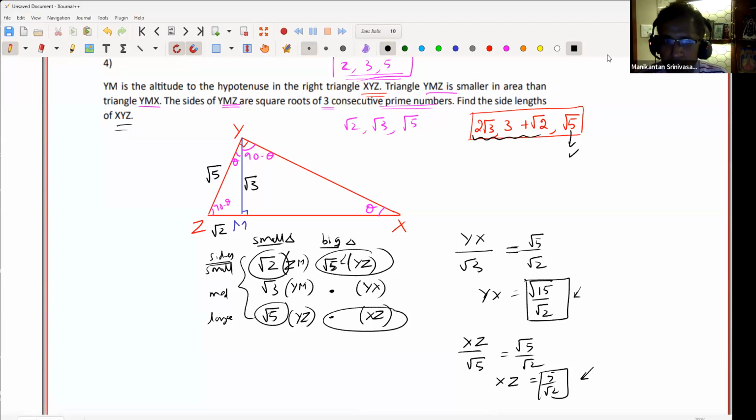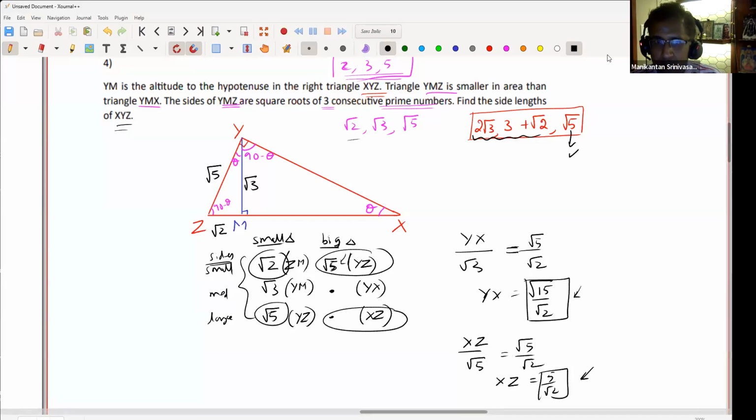After finding, I thought that was the hard part. Finding the side lengths root 2, root 3, root 5 was the hard part. After that, it should be simple. Go ahead. Sir, I thought that the big triangle was a 30-60-90. It may be, it may not be. Why do we even care?